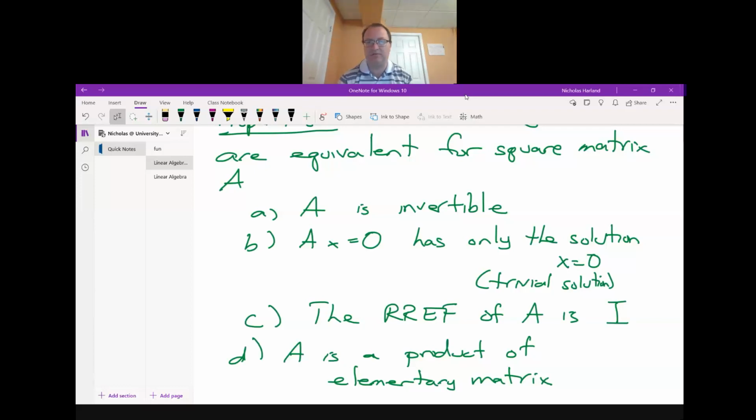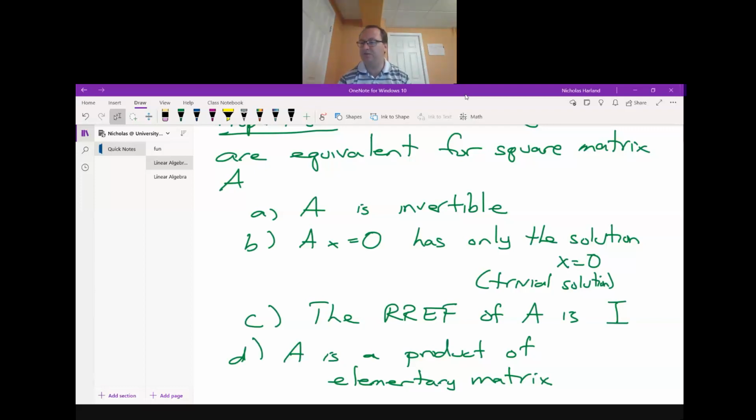So what you're seeing right in front of you should look somewhat familiar. This was a few properties that were equivalent, namely A being invertible, only having the trivial solution to AX equals 0, the reduced row echelon form of A is just the identity, and A is a product of elementary matrices.